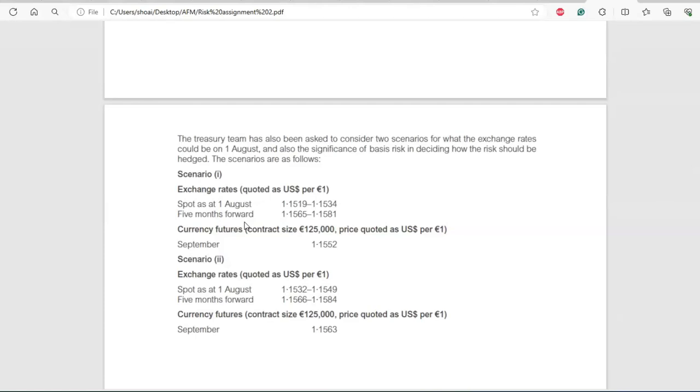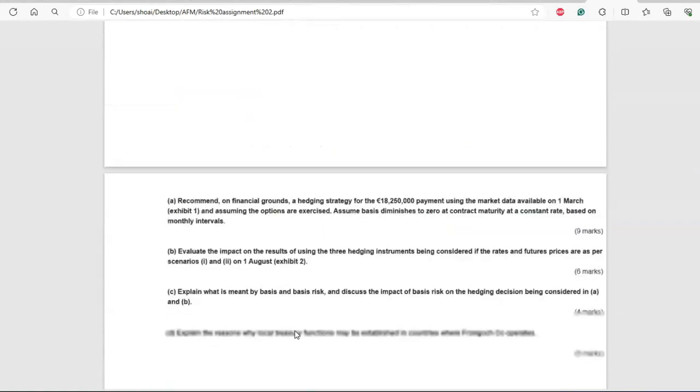If you enter into a contract on 1st August for a period of 5 months, then this forward will be available. Not today. Okay, currency future rate is given of the September contract. It's kind of a closing future because this is only available on 1st August. Scenario 2 is given forward and the currency future is given.